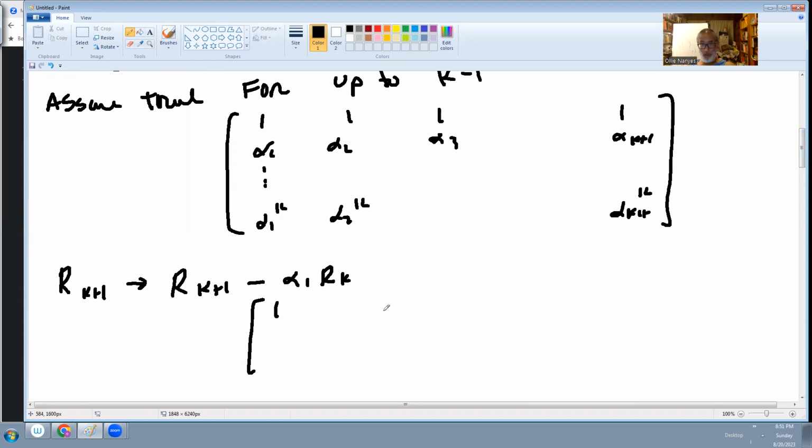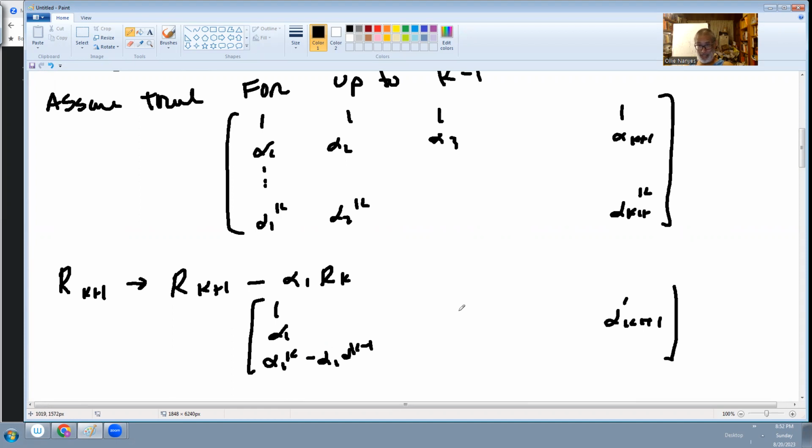The first few rows are not affected. But look what happens here. This is going to be alpha 1 to the k minus alpha 1 times alpha 1 to the k minus 1.